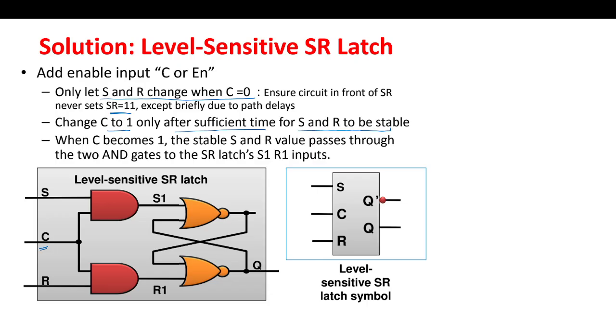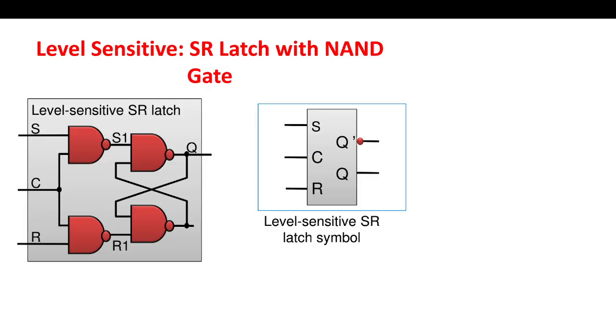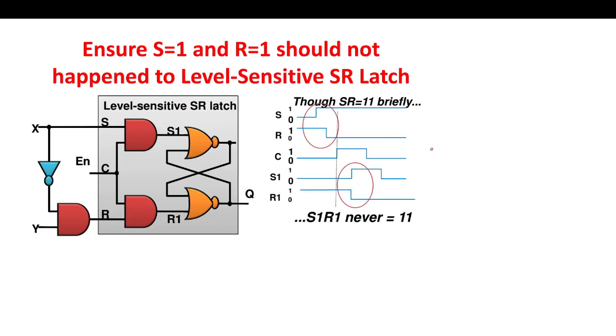When C becomes 1, then the stable S and R values pass through the two gates to the SR latch. So this is sensitive to the level. That means whenever C is 1, only then will S come here and R come here. And now this path is stabilized. We can wait by controlling the C value.